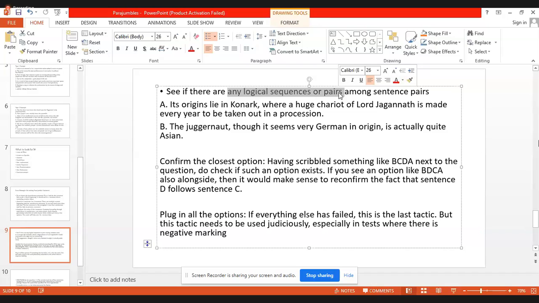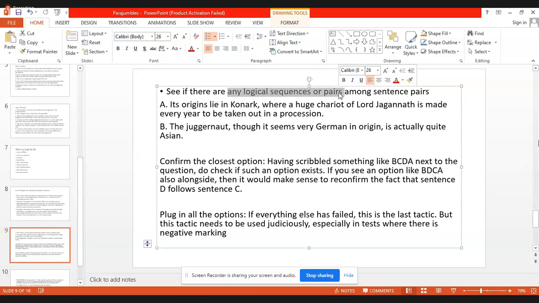One would follow the other. It doesn't fit anywhere else in the paragraph. So if you could identify such logical sequences, it makes the search for the correct answer a lot easier, students, because only a few answer options would have that particular set of pairs, right?